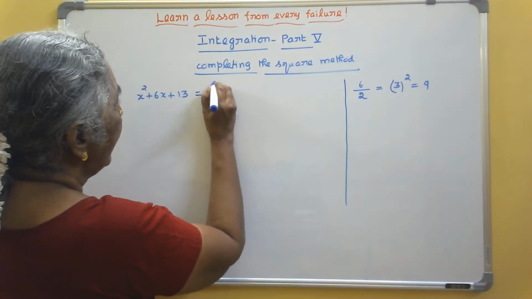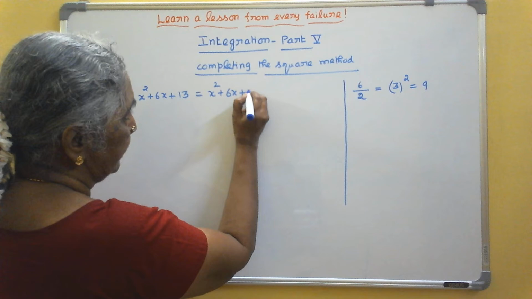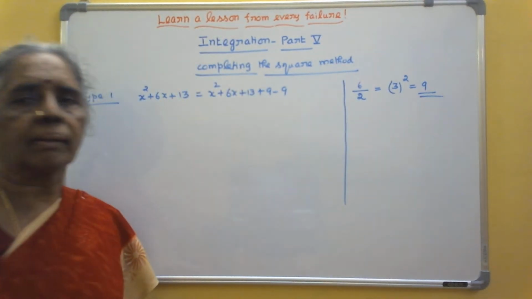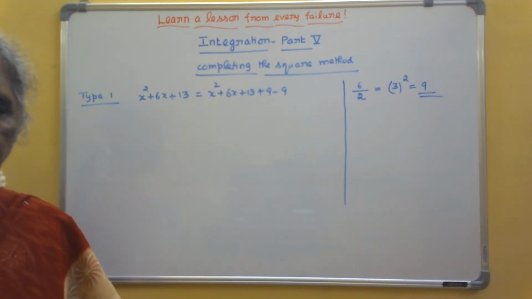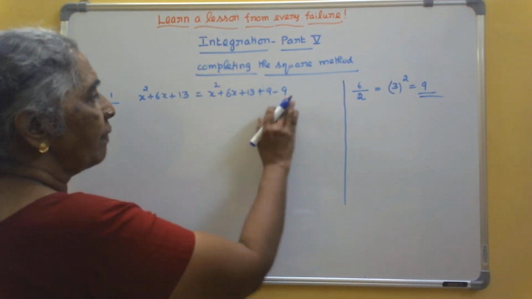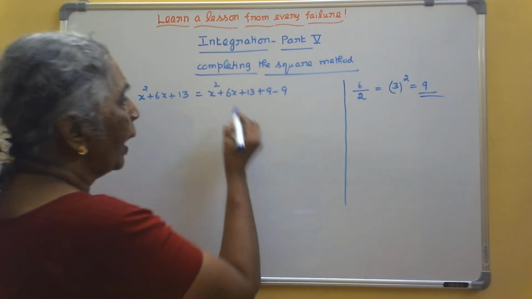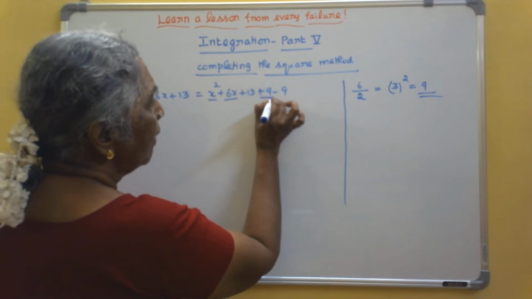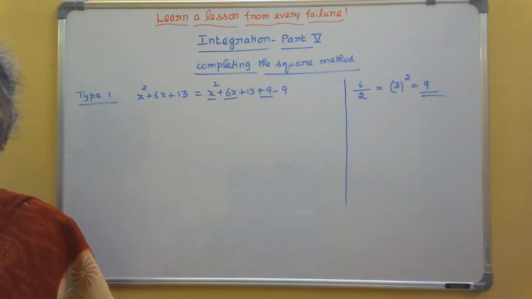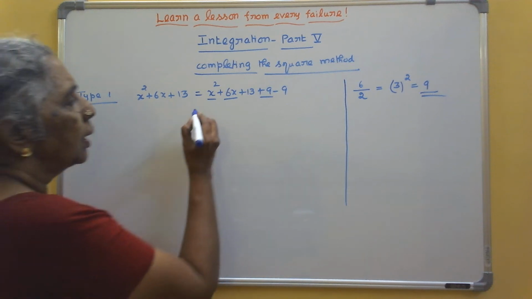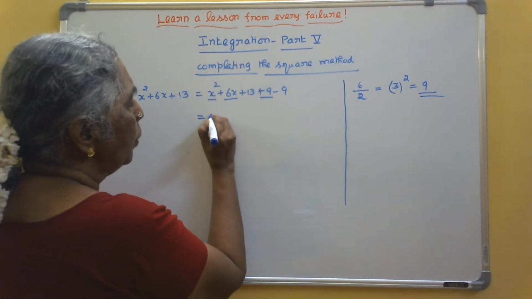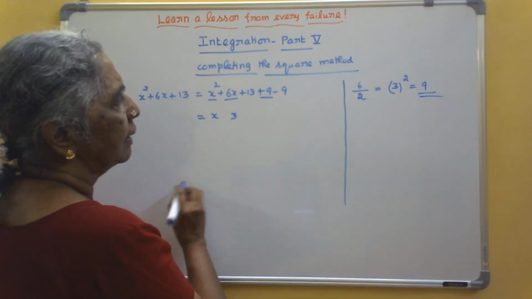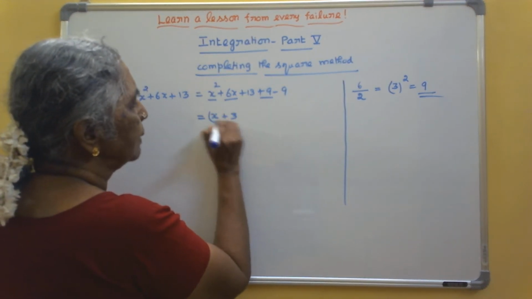Now you write the given expression as it is. You add and subtract what you get, that 9. Now you have 5 terms. You underline the x squared, the x term, and the positive 9 you have added. This is equal to the square root of x squared, which is x, and the square root of 9, which is 3. This is plus, so put a plus, whole square.